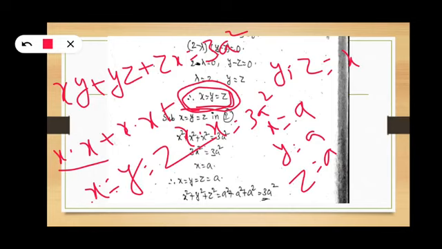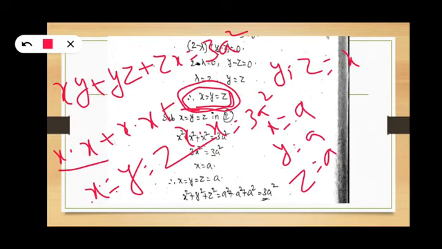Now we substitute these values in the given function, that is x square plus y square plus z square. Here x, y, z are equal to a. So we substitute, then a square plus a square plus a square is equal to 3a square.